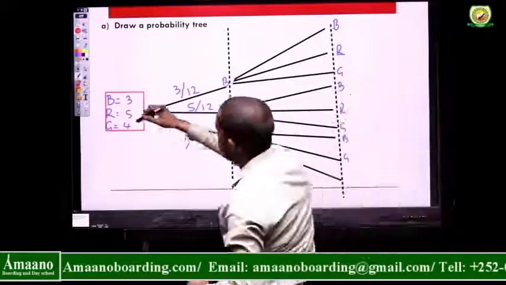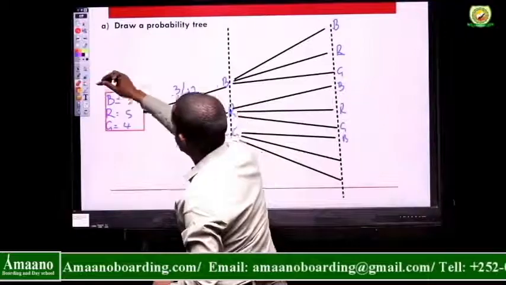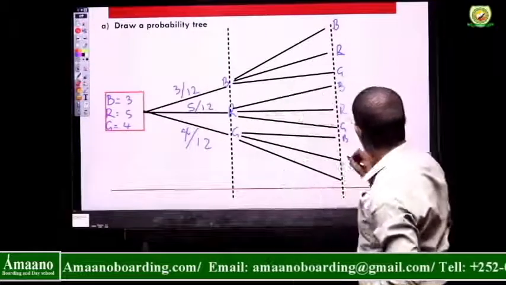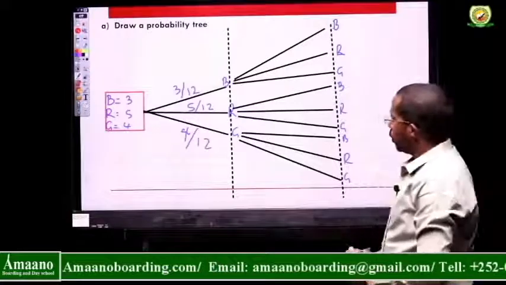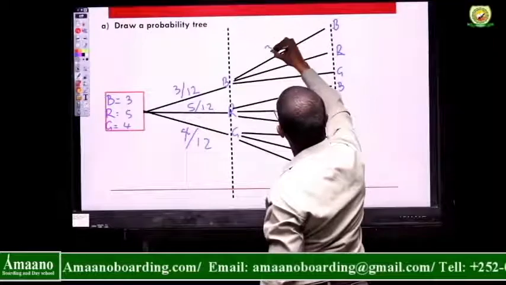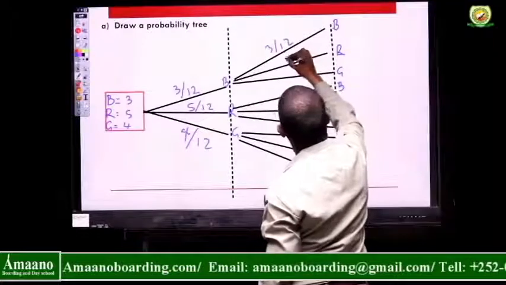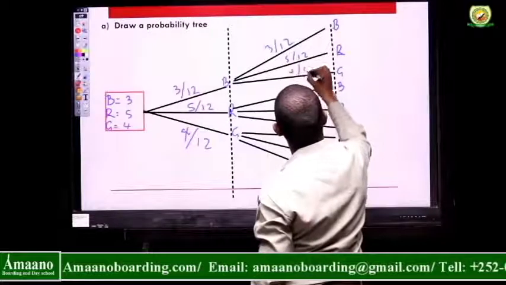Oh, let me follow the order. I will remove this. So that's blue, red, and green. The numbers are not changing, so the probabilities are still the same. This remains 3 over 12, 5 over 12, and then 4 over 12.